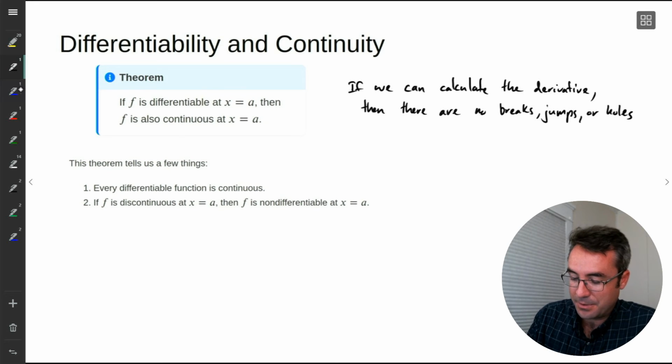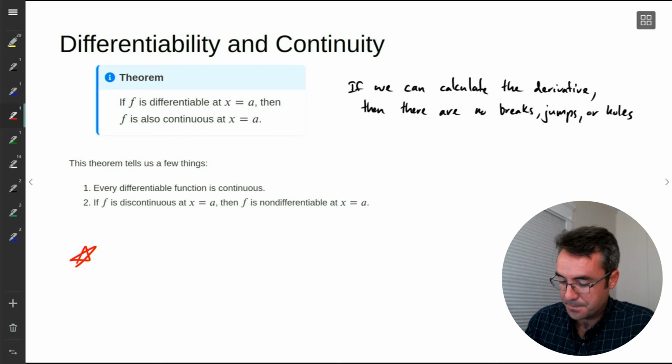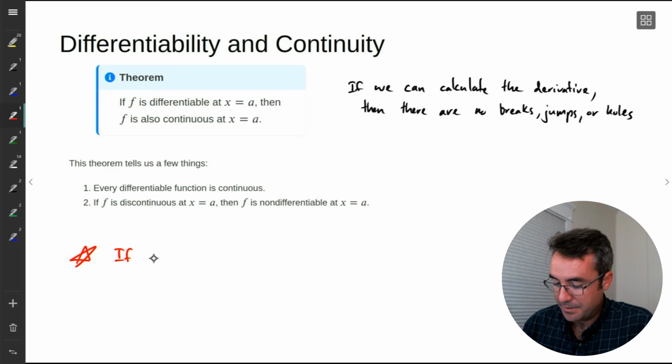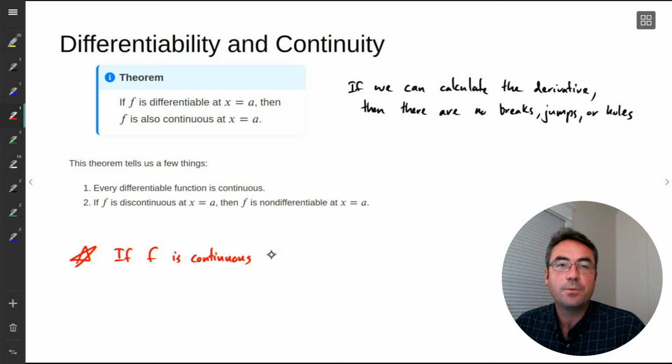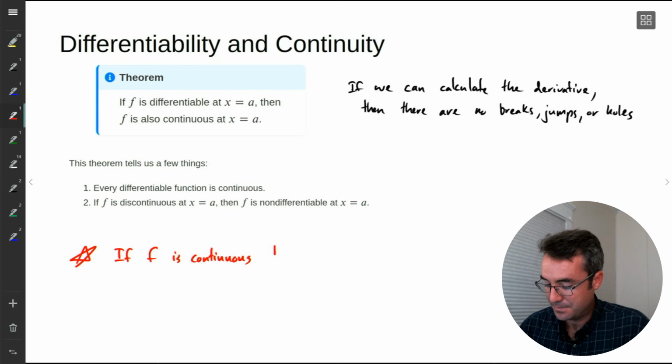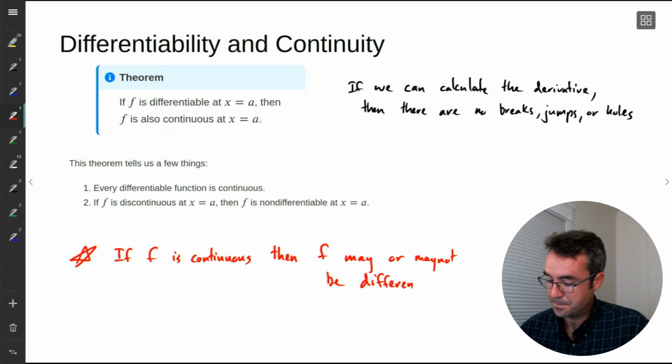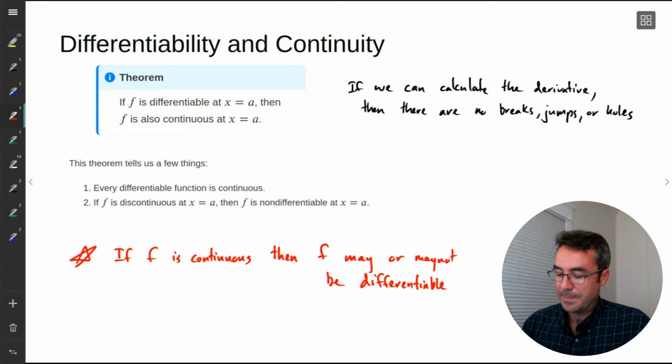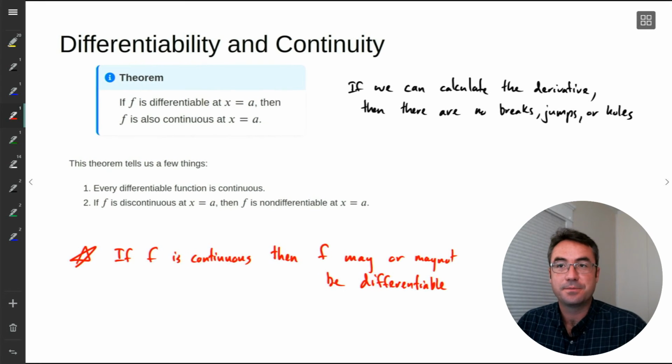So just a warning here, though. If f is continuous, then we don't know what f is doing in terms of being able to calculate the derivative. So differentiable is a stronger statement.